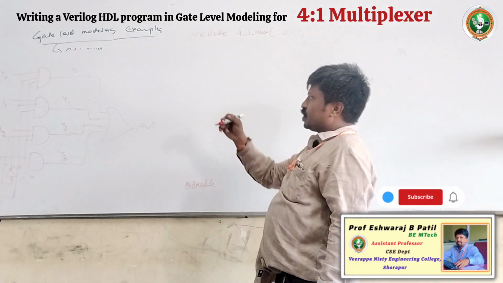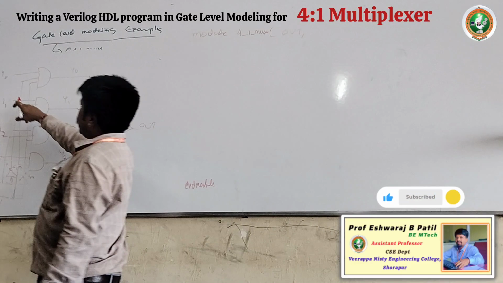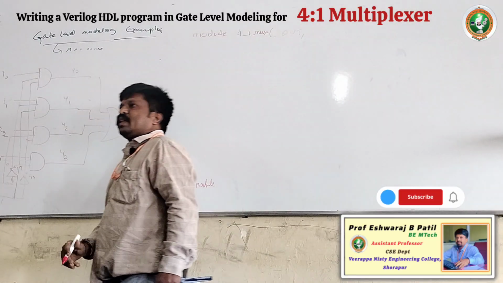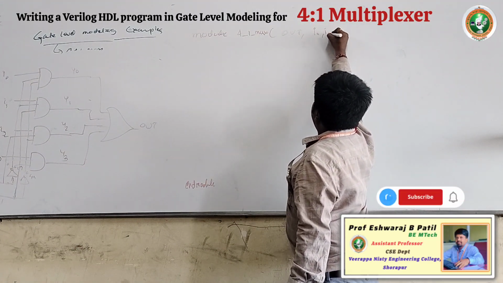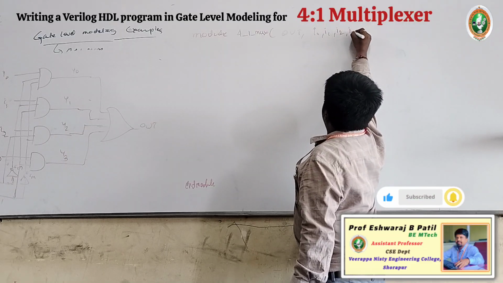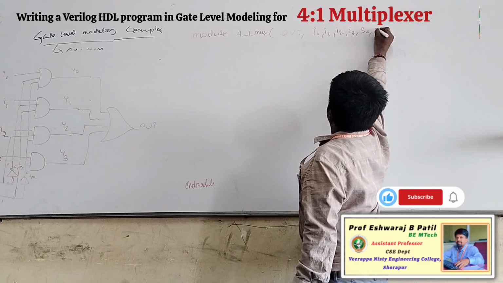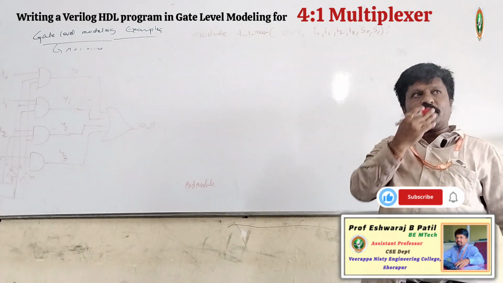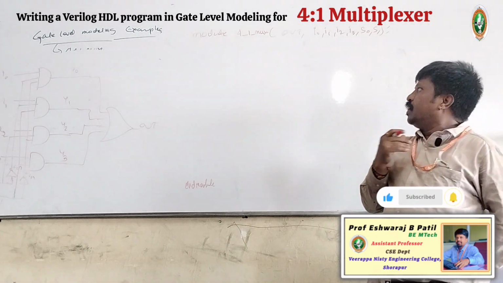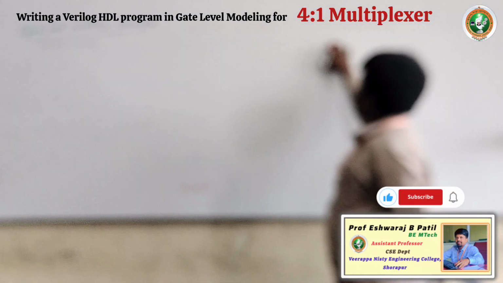Next, what are the inputs, which are the input lines? Select lines are also considered as inputs here, so I can write I0, I1, I2, I3, and also the select lines S0 and S1 are to be considered as inputs. So I write the port list here.